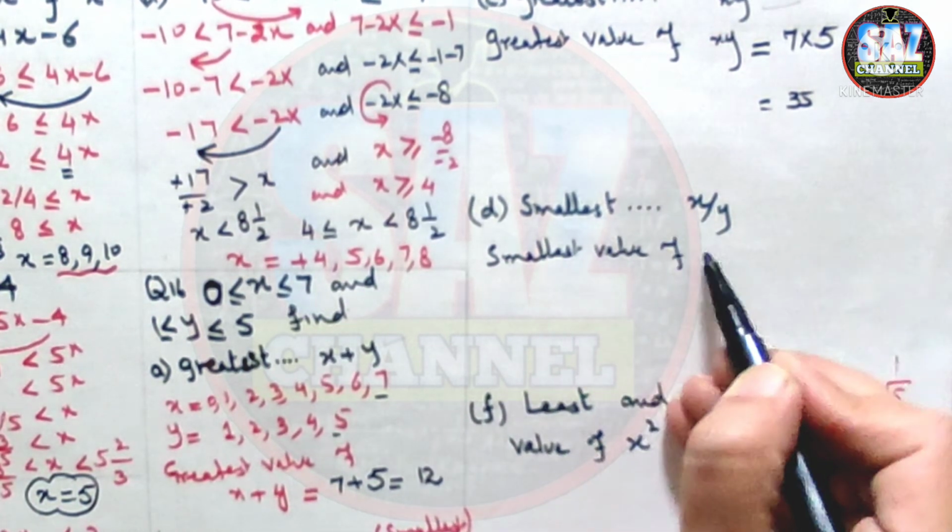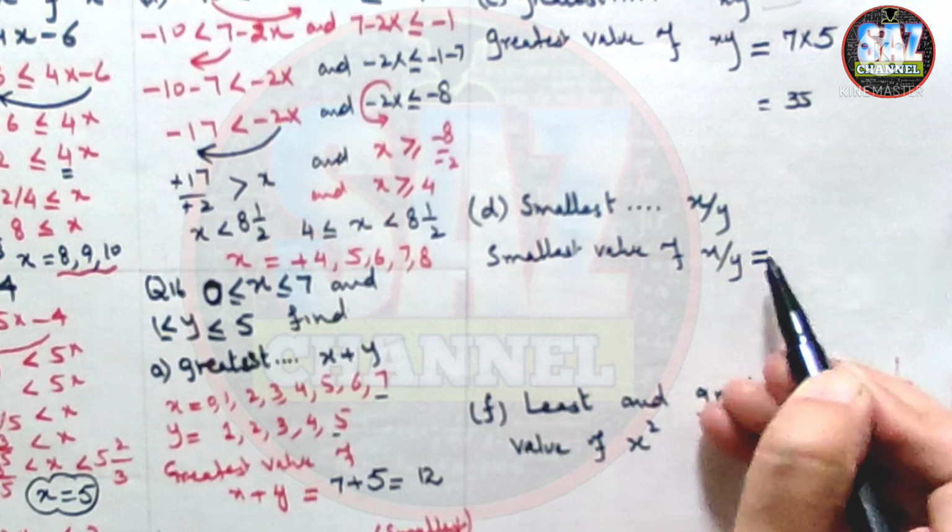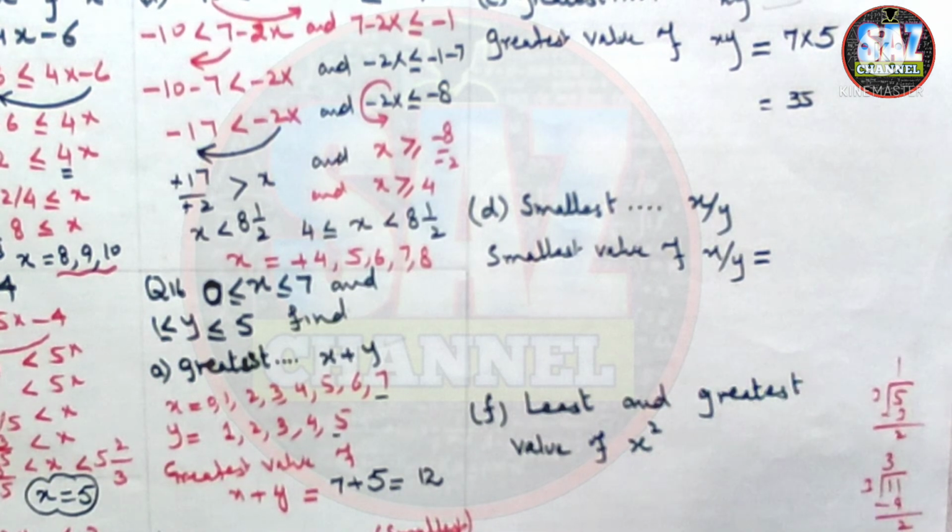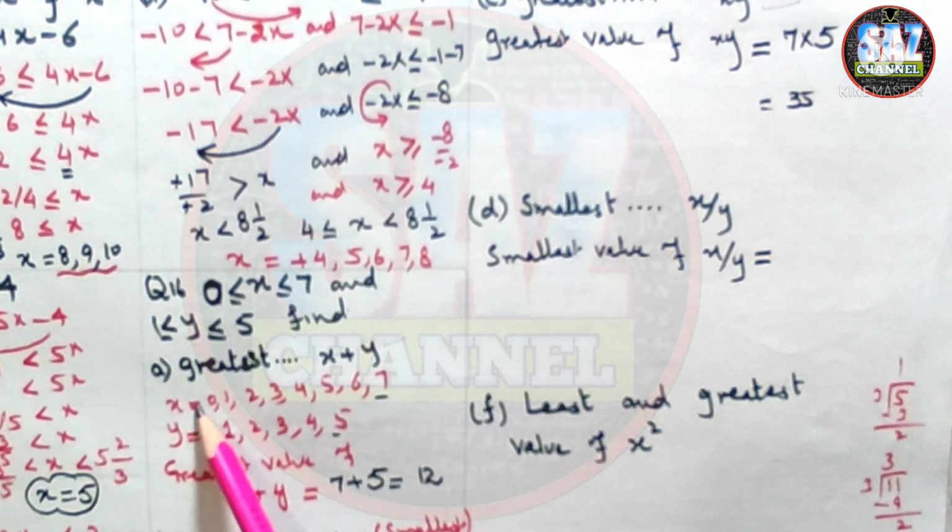Coming to the next part, that is the smallest value of the fraction x over y. Now this is the important point that we have to understand: what can be the smallest value of x over y, as the ranges contain the 0 value as well.